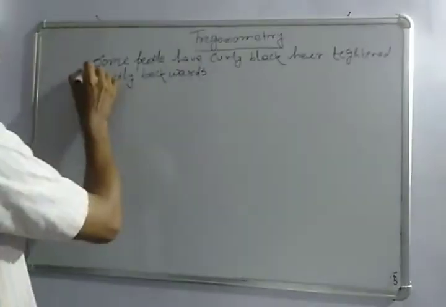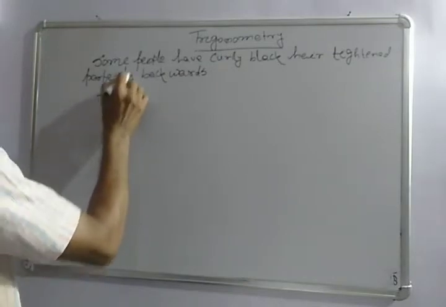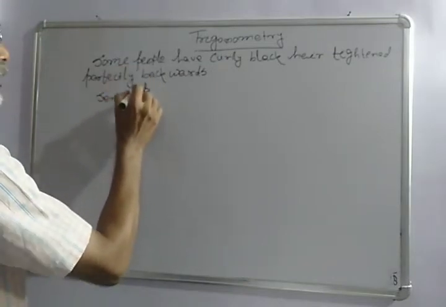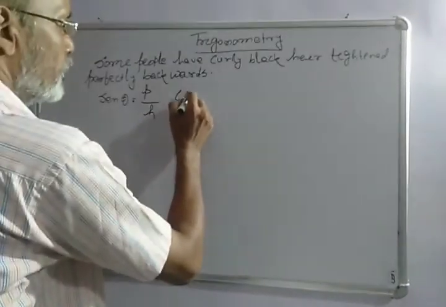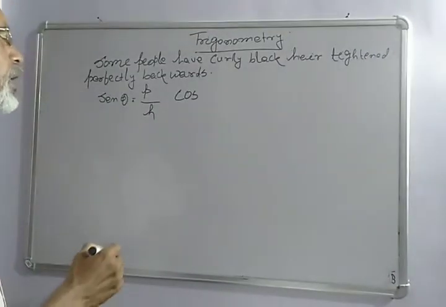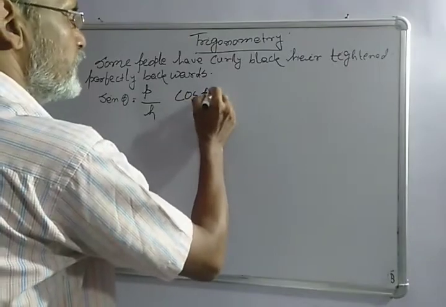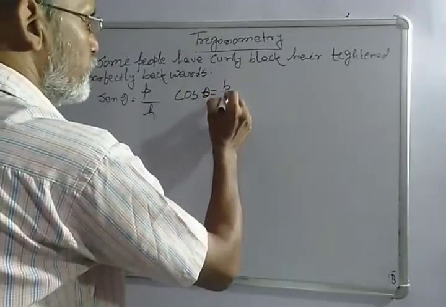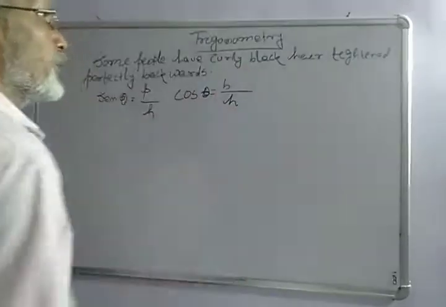See here, S for sine, P for people, and H for half, sine theta. Then cos theta, C for cos, B for black, and H for hypotenuse.